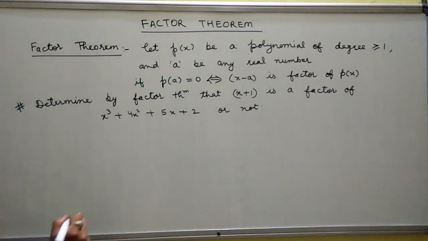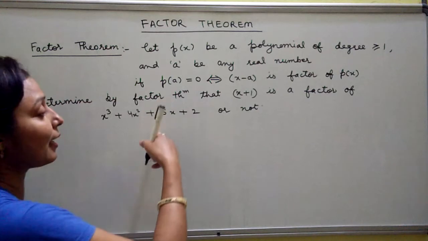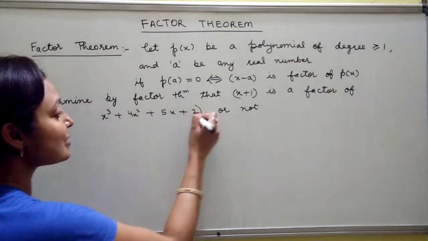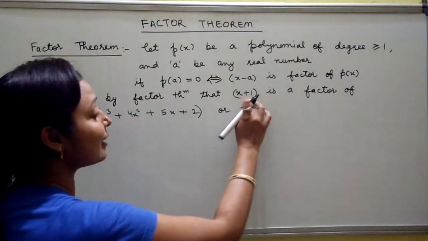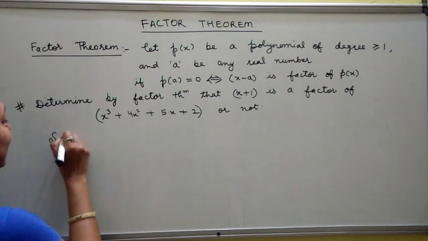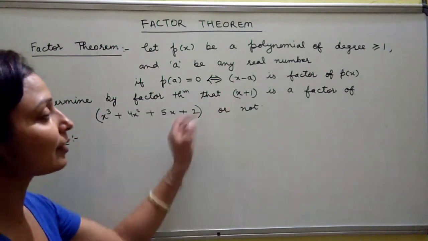You have to determine, is it a factor of the given polynomial? This is the given polynomial and this is the factor. How can we find out whether it is a factor or not?